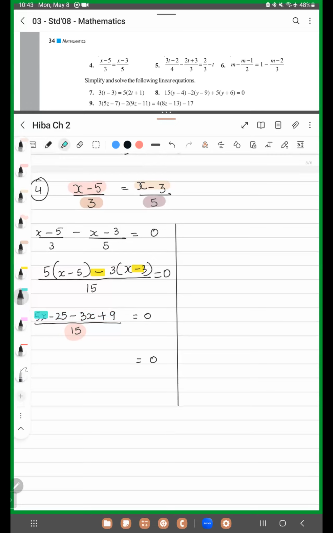We will bring the like terms together. क्या बन जाएगा फिर ये? 5x minus 3x. फिर minus 25 plus 9. But why are we writing minus 25 and 9 together? They're not like terms.